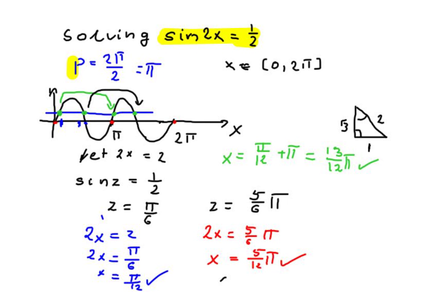So the one below, 5 over 12 pi plus 1 pi will get you 17 over 12 pi, because we have 12 over 12 plus 5, so 17 over 12 pi.